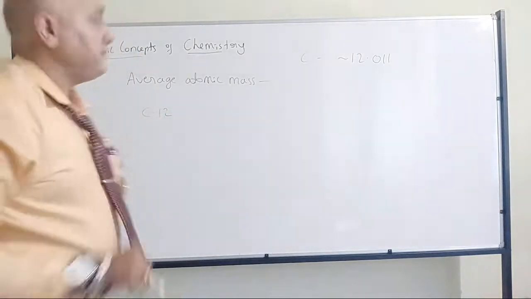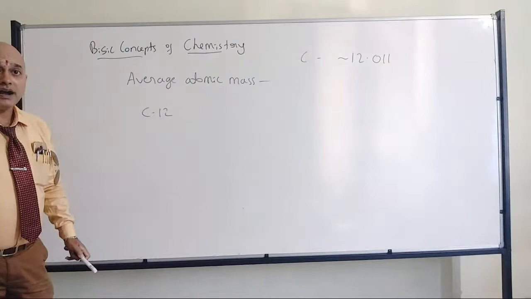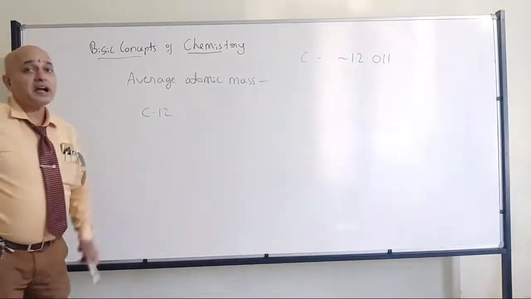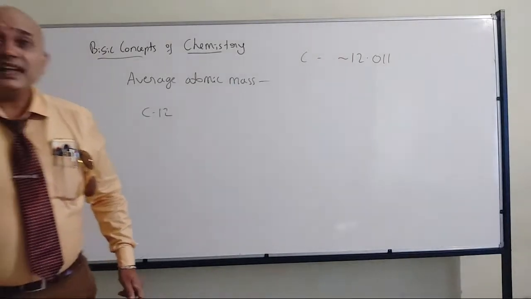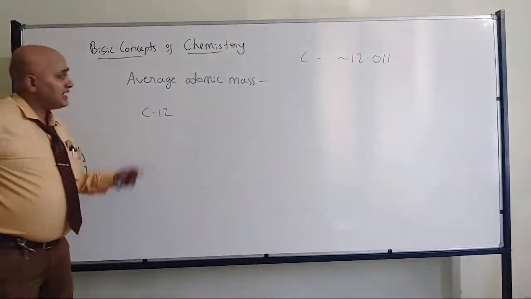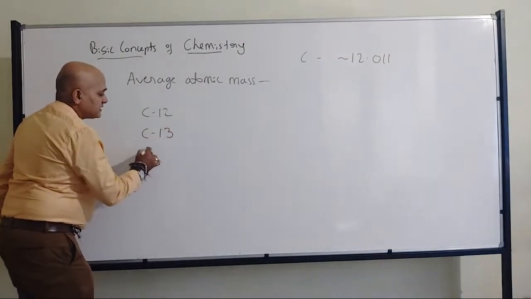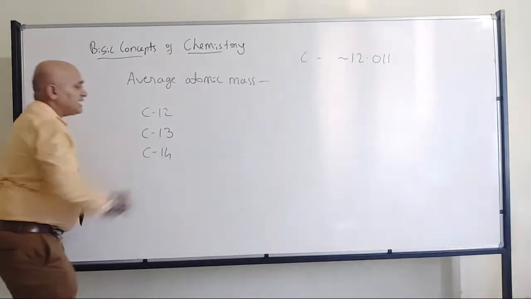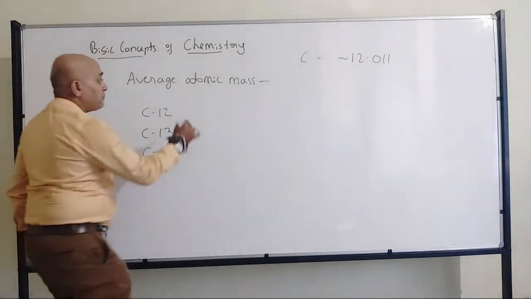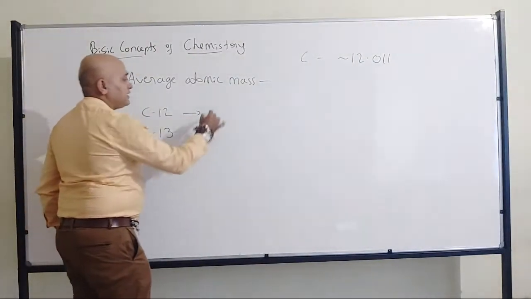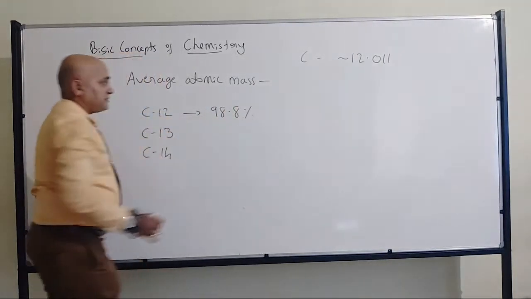Okay, fine. So now that's where we have the average atomic mass. For example, I was taking carbon 12, which is there in your textbook also. If I take carbon as the example, we have a total of 3 isotopes for carbon. The highly abundant one is carbon 12, which is somewhere around 98.8%.